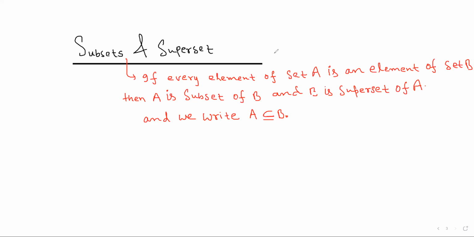So basically, if all elements of A are present in B, then we can say that A is the subset of B and B is the superset of A. That is the fundamental statement.